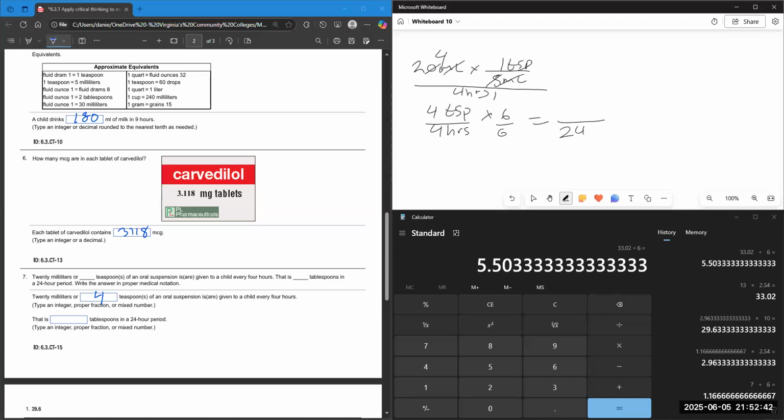So 24 hours, that's 24 teaspoons. And we want to change those to tablespoons. And we know that there's 3 teaspoons in 1 tablespoon. Teaspoons cancel, 3 goes into 24 8 times. And so this is 8 tablespoons in 24 hours.